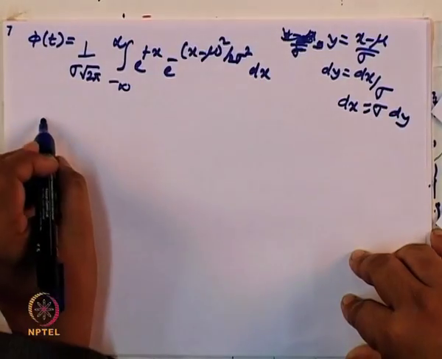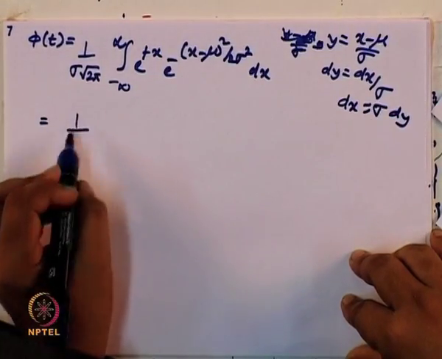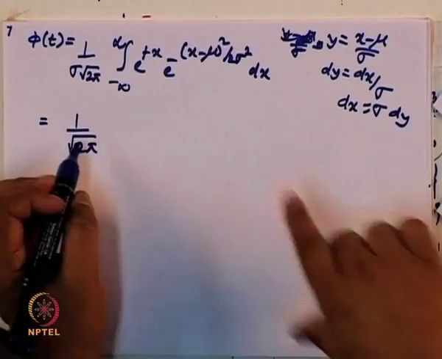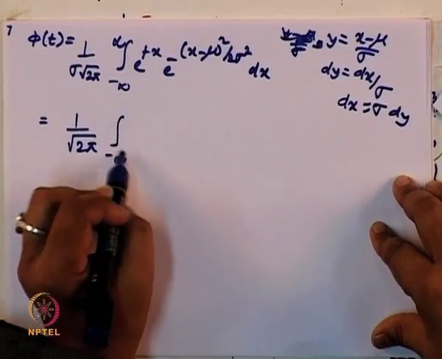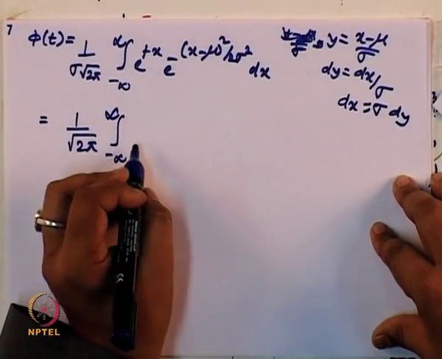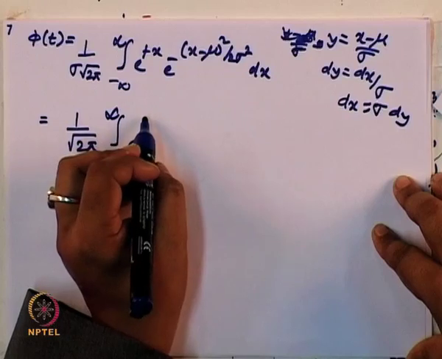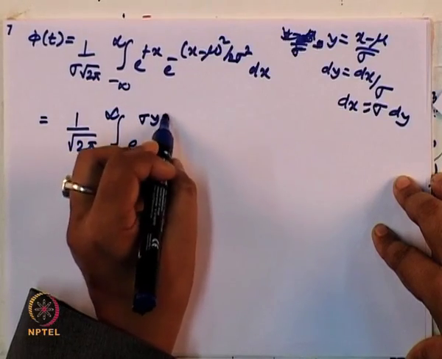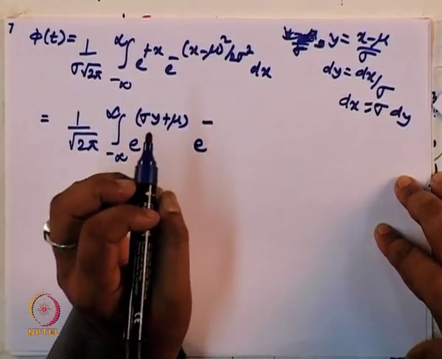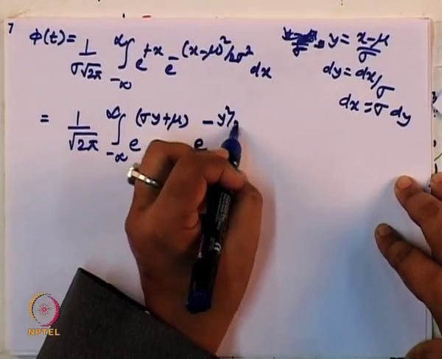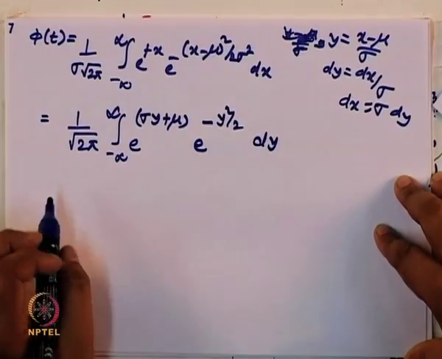The limits will not change, and the sigma cancels, leaving e to the power t into sigma y plus mu, e to the power minus y square by 2 into dy.